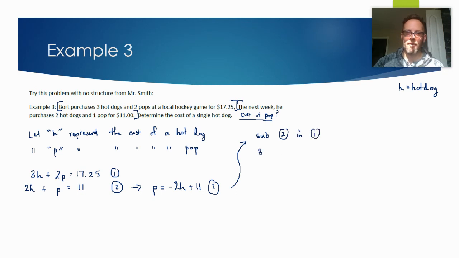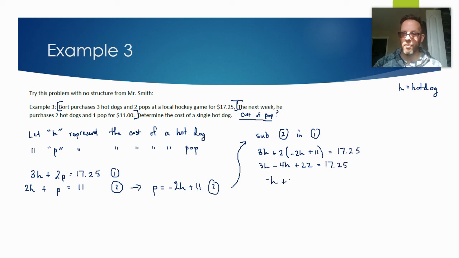So 3 times h plus 2 times the pop, which is minus 2h plus 11, equals 17.25. So let's solve this equation, guys. We have some brackets, so we've got to multiply in that too. So 3h minus 4h plus 22 equals 17.25. 3h minus 4h is negative h plus 22 equals 17.25.